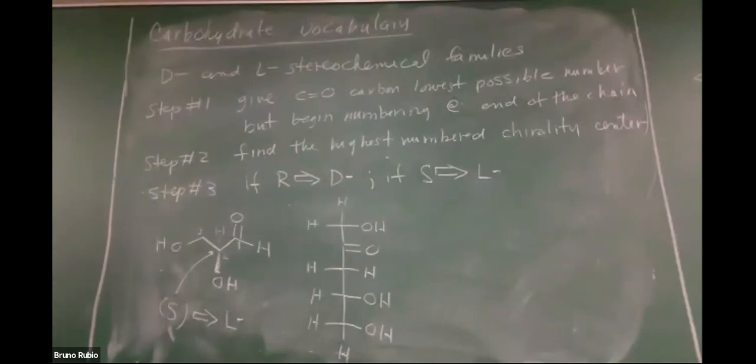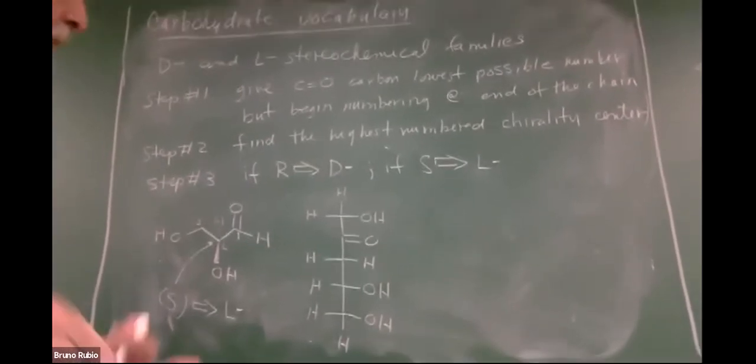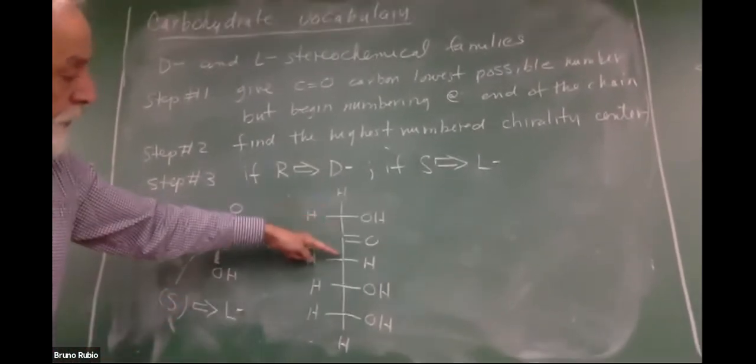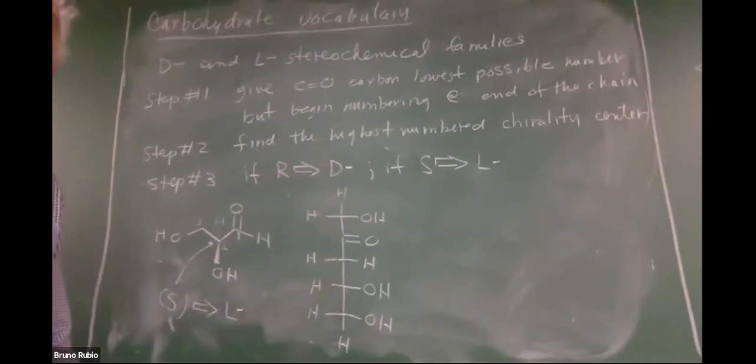Oh, it most certainly is, because it's a polyhydroxy ketone. And it also has 1, 2, 3, 4, 5 carbons. So this is a ketopentose. But the question is, does it belong to the D or the L stereochemical family?